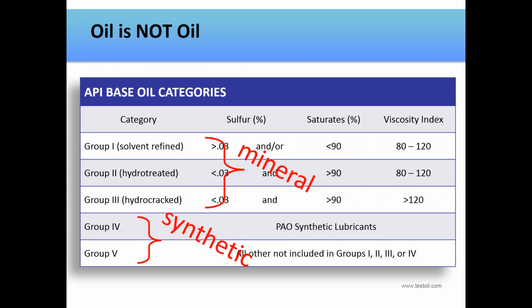Then we go to group 5 base oils, and these are a bit of a different animal since the category encompasses everything from phosphate esters to silicone to PAO-based oils that are also mixed with esters. And while lubricants within a certain group do share certain base oil characteristics, it doesn't mean that, say, 2 group 3 lubricants are compatible just because they have the same base stock.